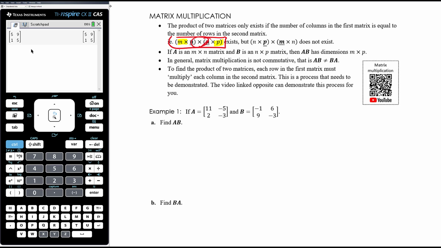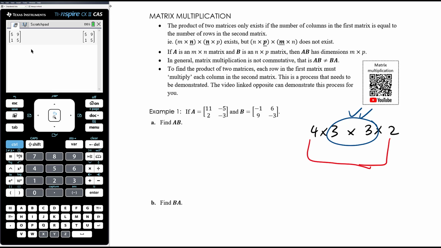So m by p gives us the size of our matrix. For example, if we had a 4 by 3 matrix and we're multiplying that by a 3 by 2 matrix, it's possible because of this, and the matrix we end up with will be a 4 by 2 matrix.